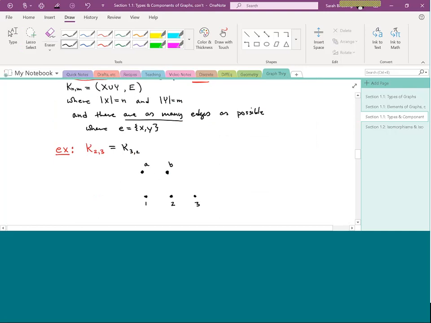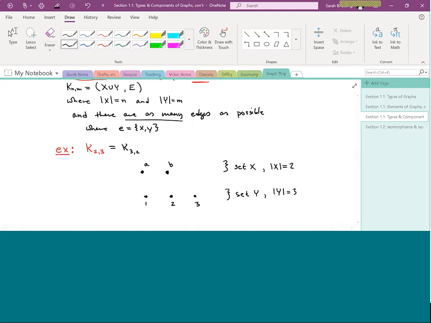So notice here, in this top set, this would be our set of vertices that we'll call X. This guy would be our set of vertices that we call Y. Notice the number of vertices in set X is 2, and the number of vertices in set Y is 3, which matches those two subscripts.